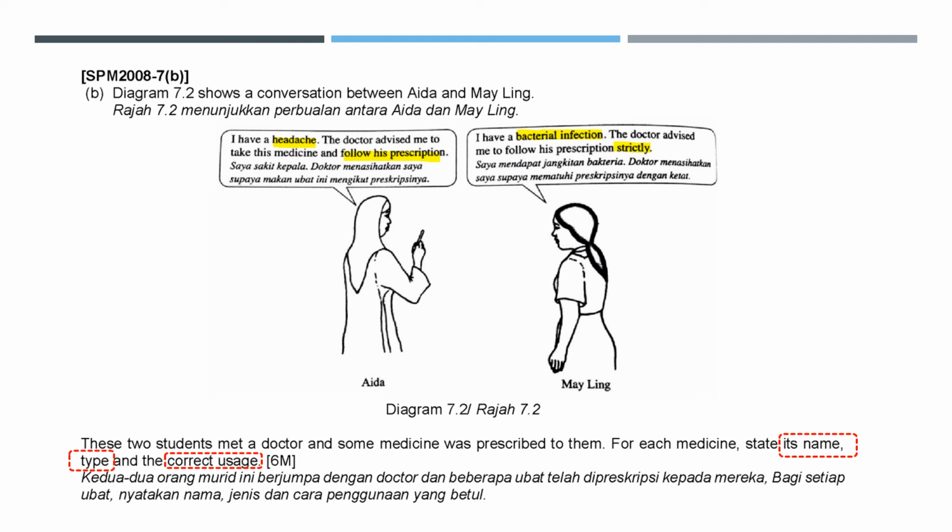Ida has symptom of headache, so Ida should be given an analgesic, which is also known as painkiller. Mei Ling has bacterial infection, so antibiotic should be prescribed for Mei Ling.